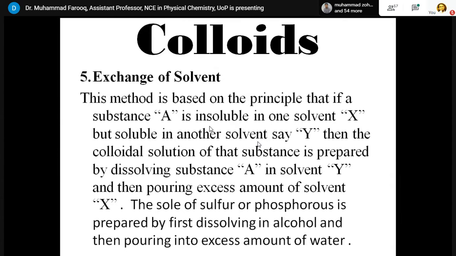Okay, the last method used to prepare the colloid is exchange of solvent.